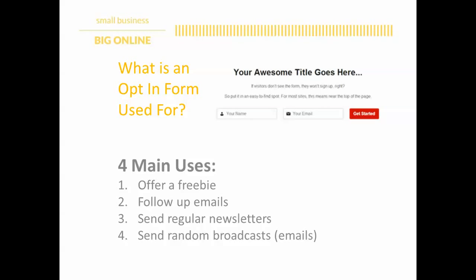Once they click the Get Started button, they will go onto your list, and this list will grow as more people opt into your opt-in form. And of course they get in return something that they perceive as quite valuable.